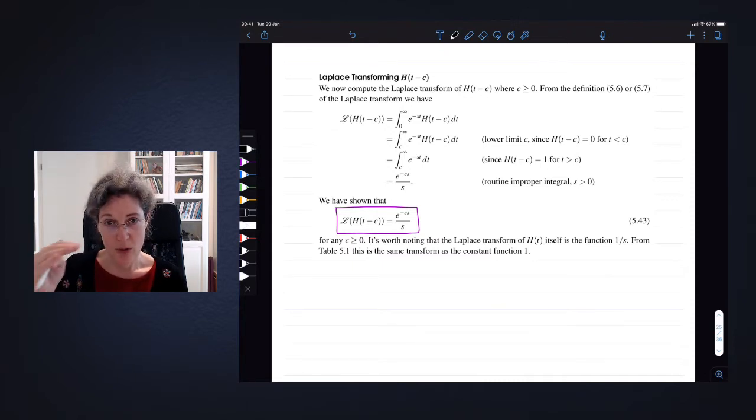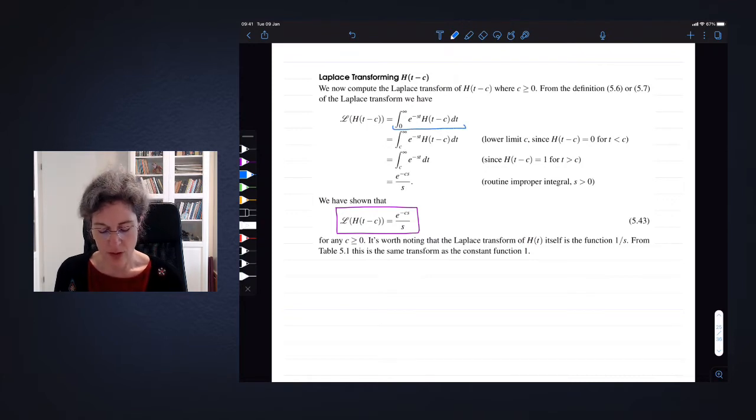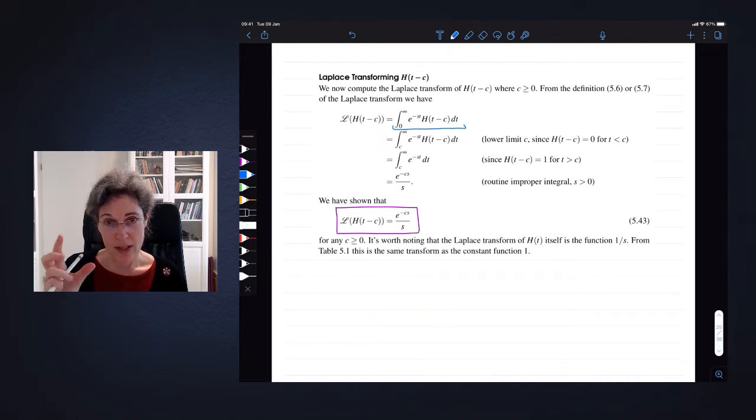So we can work this out from first principles. So here we've just got immediately the definition of the Laplace transform. So we've got, don't forget, this is our improper integral, so we need to treat it with respect.